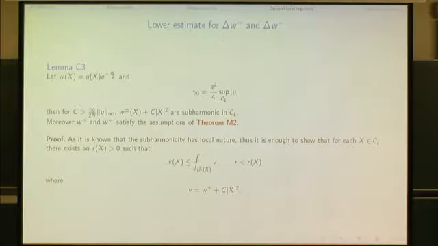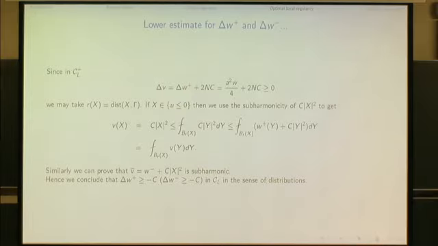So you can't immediately conclude that the functions satisfy that differential inequality. But all you have to do is add some quadratic function to this W plus and W minus for some suitable constant C, and then check that this new function, W plus this quadratic function, is locally subharmonic. In other words, for each point that you give me, I can find a neighborhood in which your function is subharmonic. Since local subharmonicity implies global, you will get subharmonicity in the entire domain. Okay, and this is the argument.